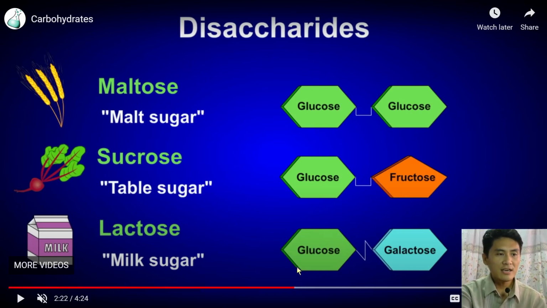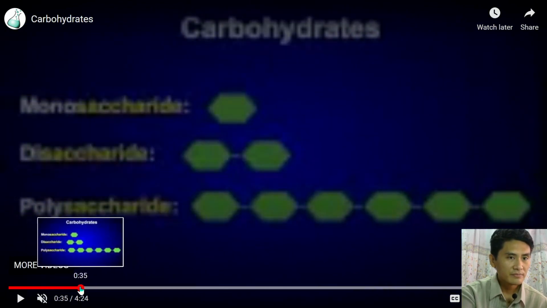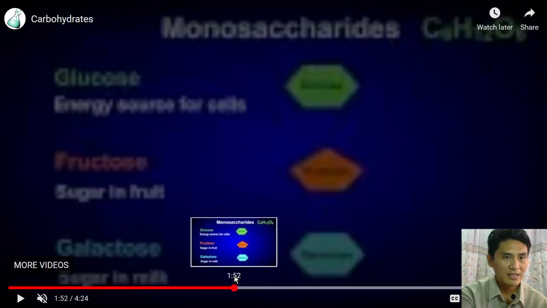But the idea is glucose and galactose forms lactose. And look at the bond between maltose, sucrose, and lactose. If you notice, there's a difference in glucose and galactose, right? And that is because of where the bonds are created.